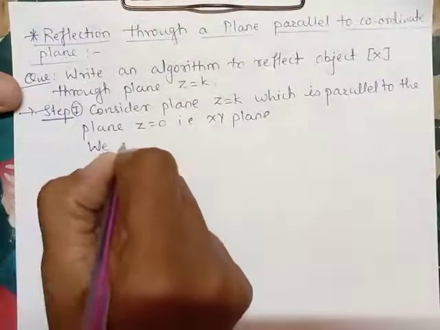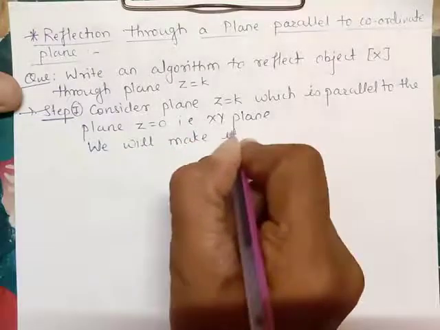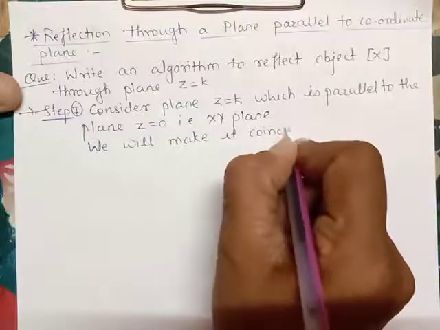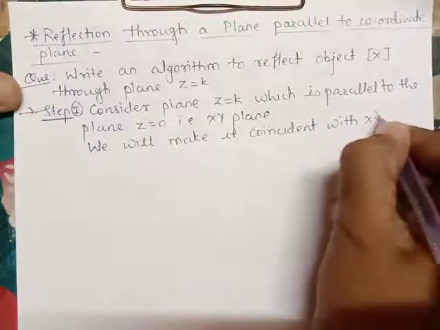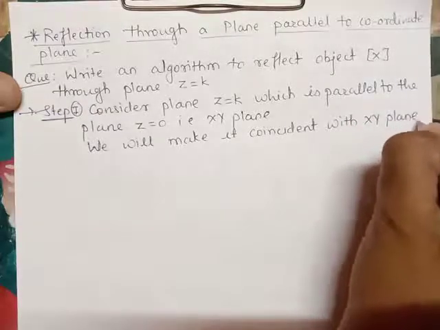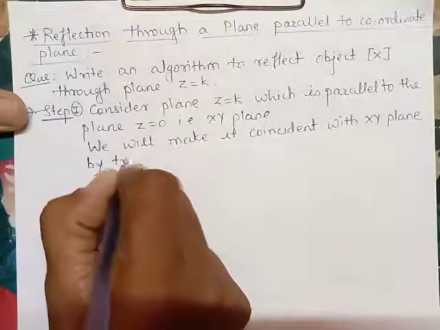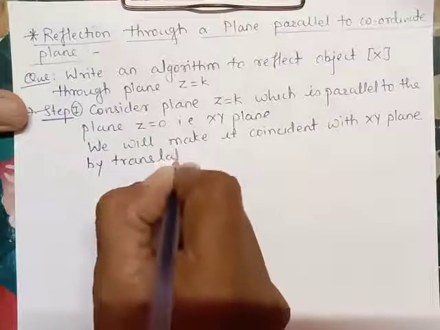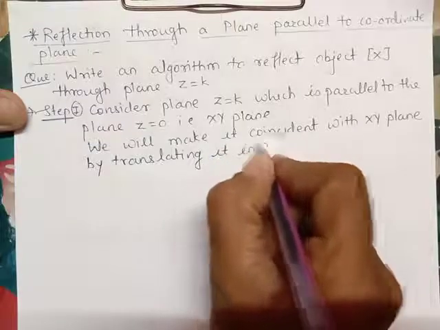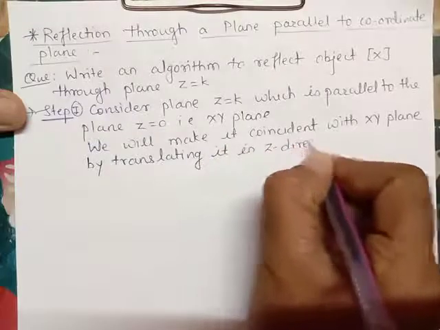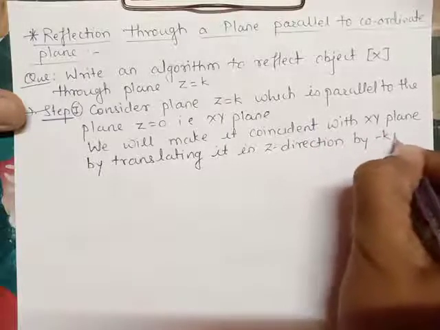We will make it coincident with the same xy plane to whom it is parallel. We will make it coincident with xy plane by translating it in z direction by minus k units.